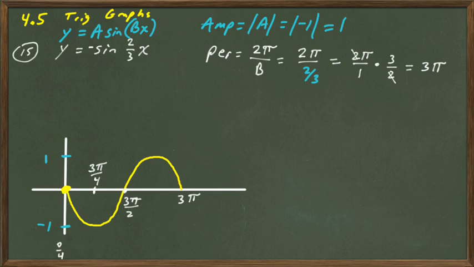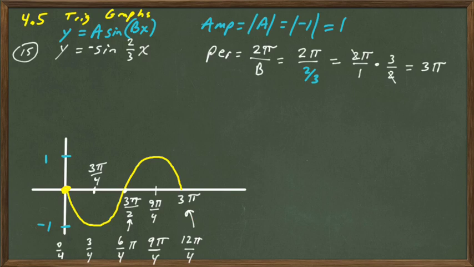0/4 pi, 3/4 pi, 6/4 pi. What do you think would go here if I added another 3/4? 9/4 pi. That's what makes these pretty hard. Add another 3/4 and it gives me 12/4. What is 12/4? 3.